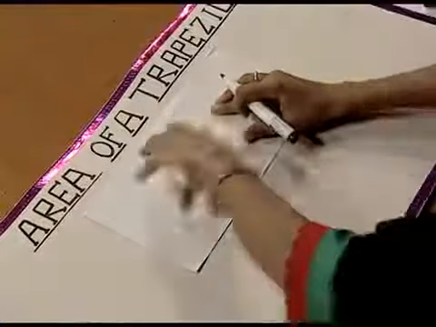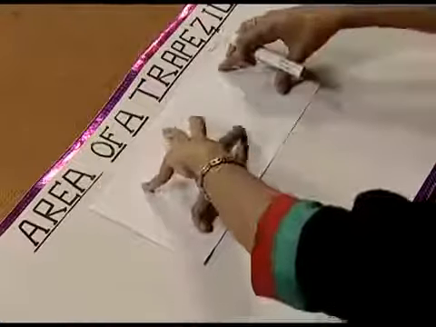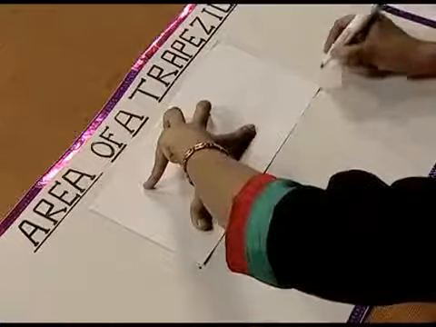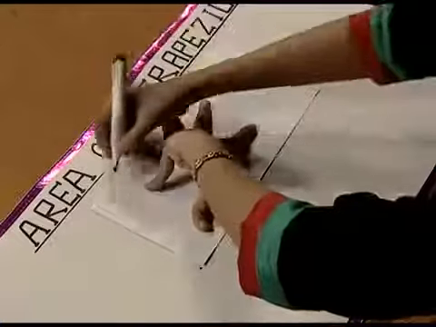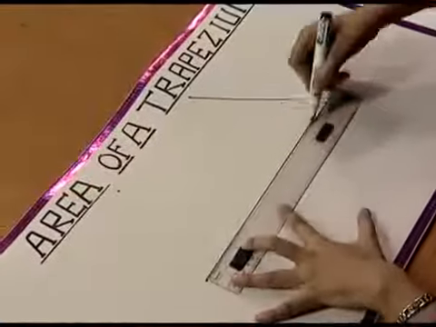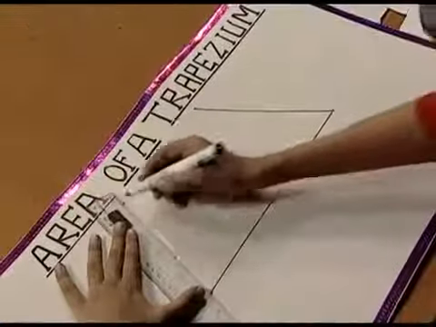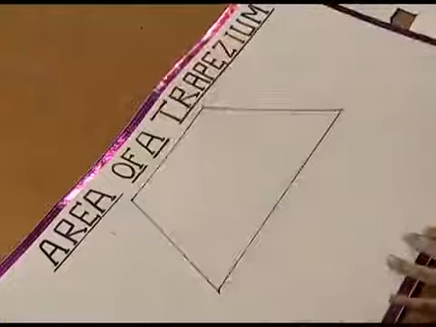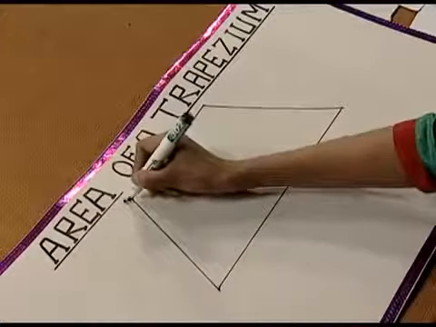Say, suppose here, this is the first point, second point, third point and the fourth point. First, we join these. What figure is this? This is a trapezium.